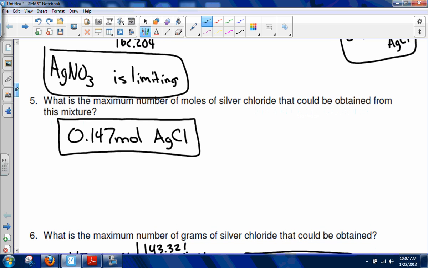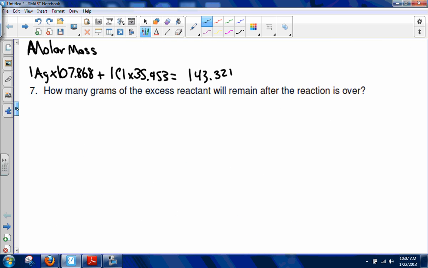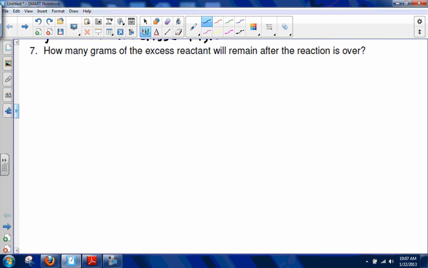That means, since there are only two reactants, if it's not the limiting, it has to be the excess. So we're looking at how many grams of excess reactant, that's ferric chloride, should be our final answer.